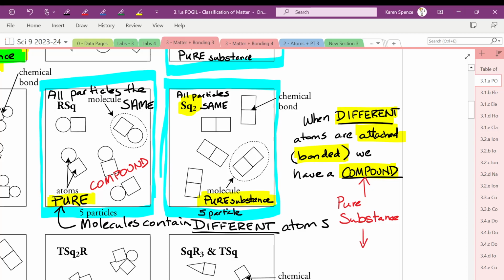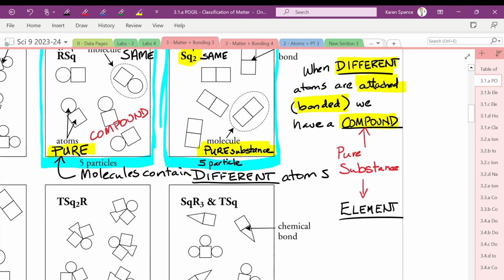So a pure substance can be a compound, or a pure substance can be an element. And it is an element when all the atoms are the same. So not just all the particles, all the atoms. There's no other type.